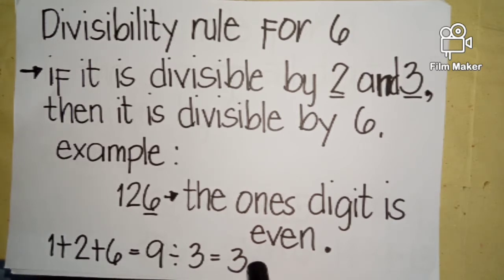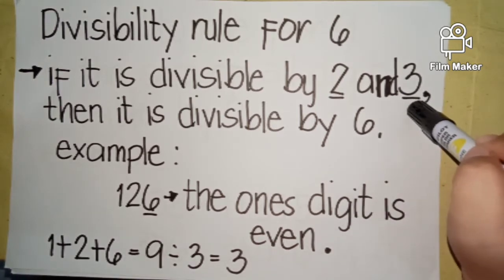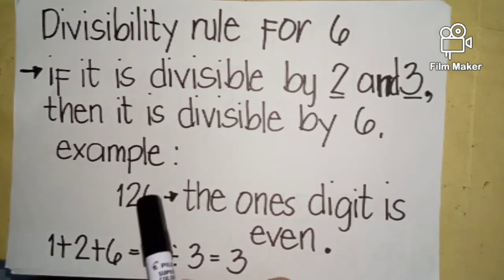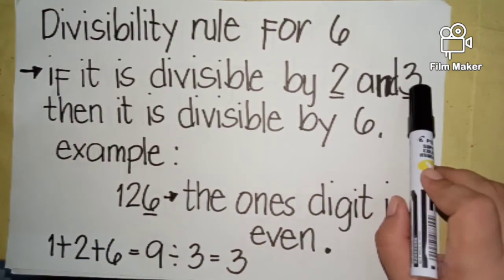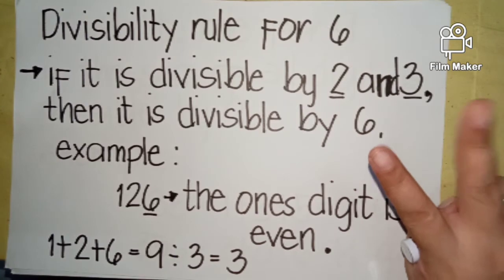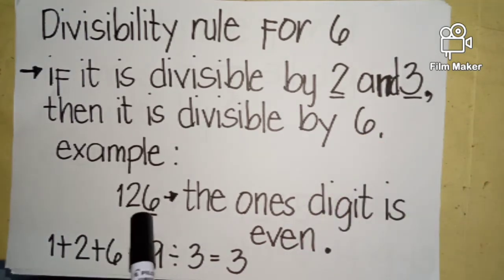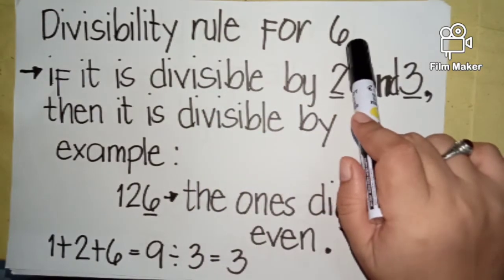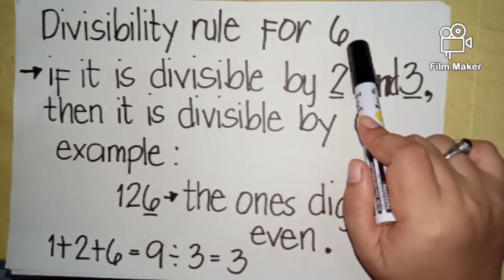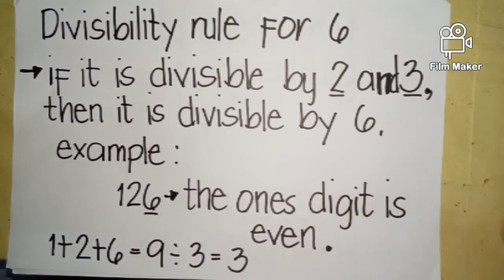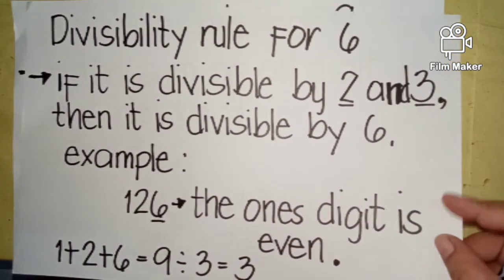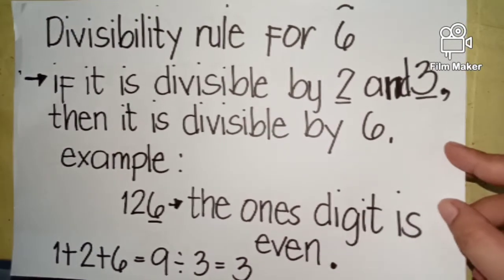So it is divisible by 3. Therefore, since 126 is divisible by both 2 and 3, 126 is divisible by 6. Clear? Okay, next. There are three of them, right? We discuss 3, 6, and 9.